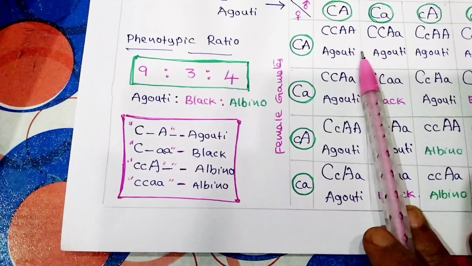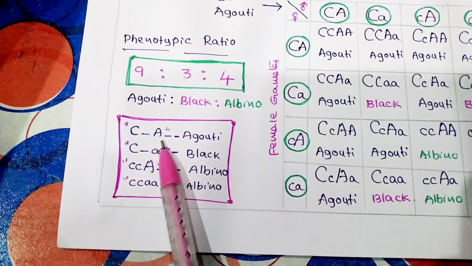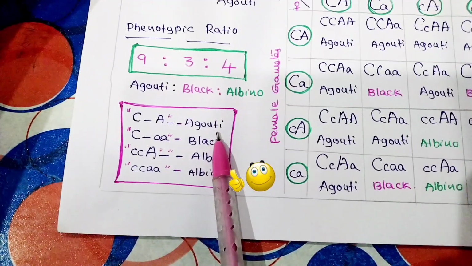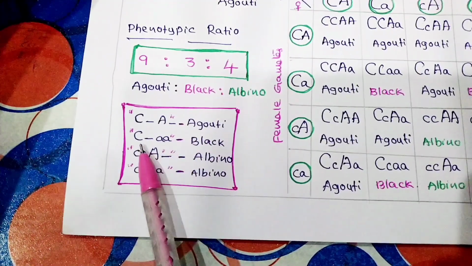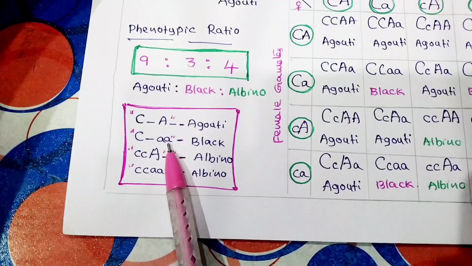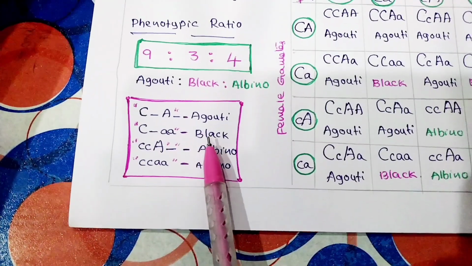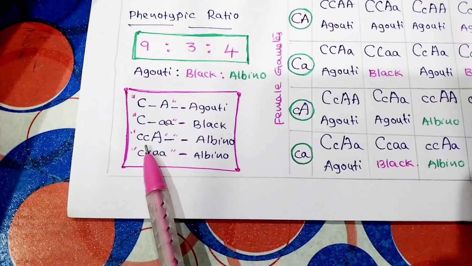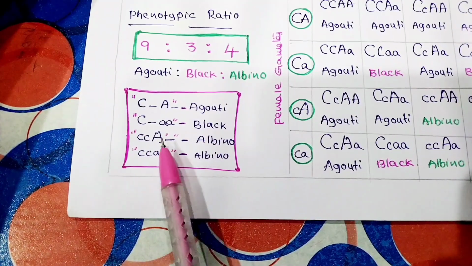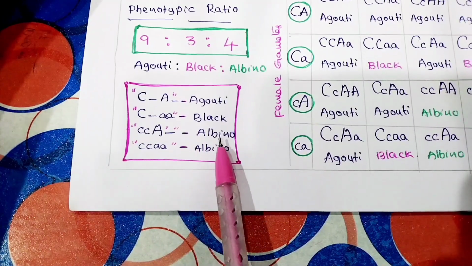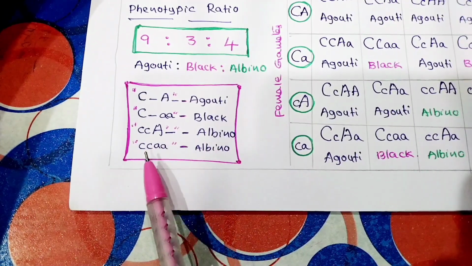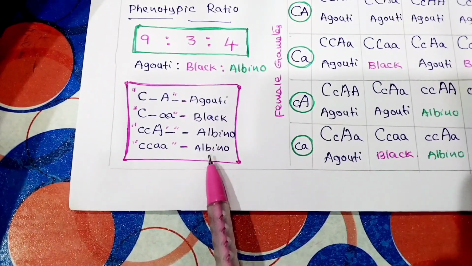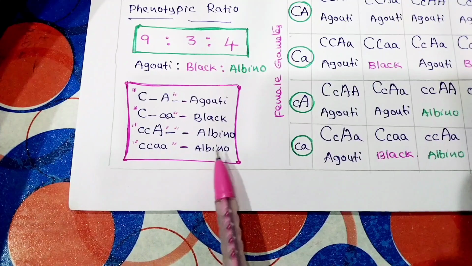If capital C and capital A are present in a single individual, it will produce agouti color. If capital C only is present, capital A is absent, it will result in black color. If capital C is absent, capital A present, that will result in albino color. If small a individual is obtained, that is obviously albino color.